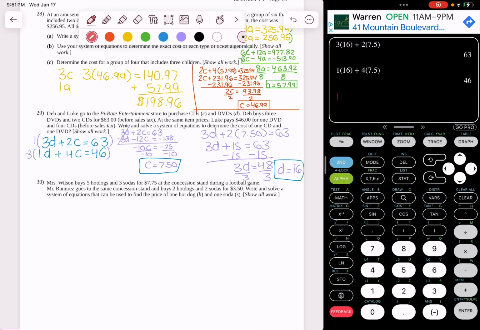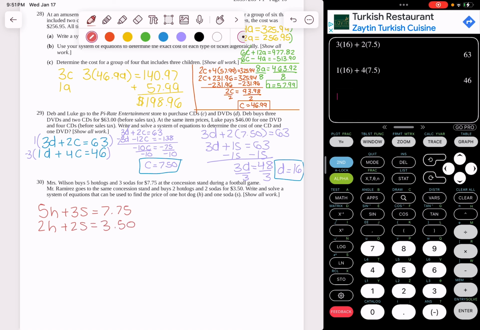All right, let's look at question 30. Mrs. Wilson bought 5 hot dogs and 3 sodas for $7.75. Mr. Ramey goes to the same store and buys 2 hot dogs and 2 sodas for $3.50.